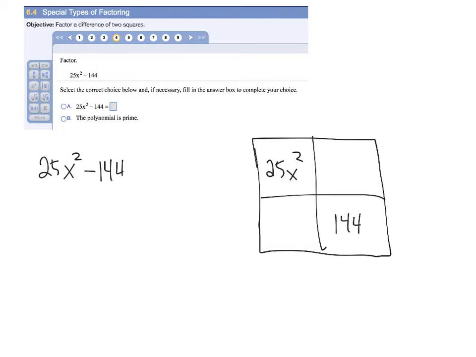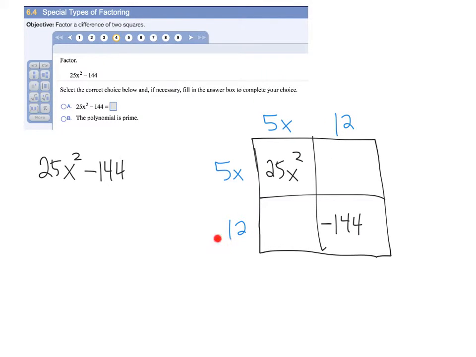And we need to know that 25x squared, well, that's 5x times 5x. And that 144, it's supposed to be a negative 144, because it said so right here. But we're going to ignore that sign temporarily, and we know that that is 12 times 12.